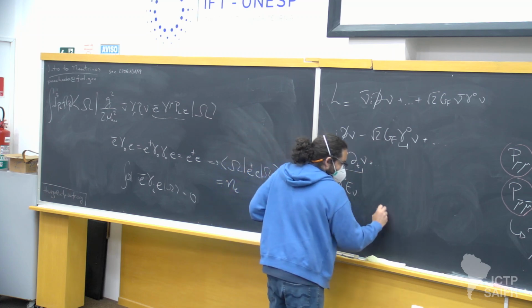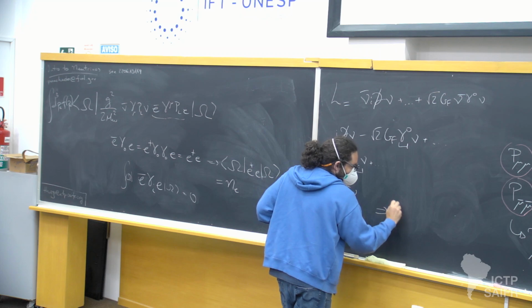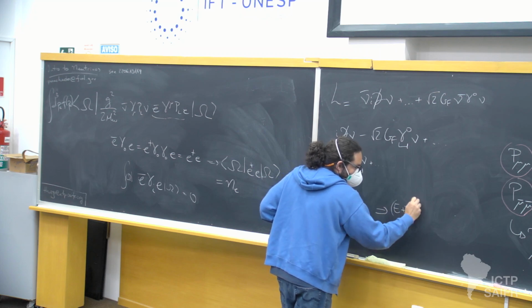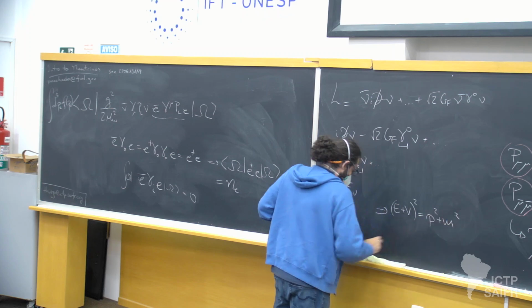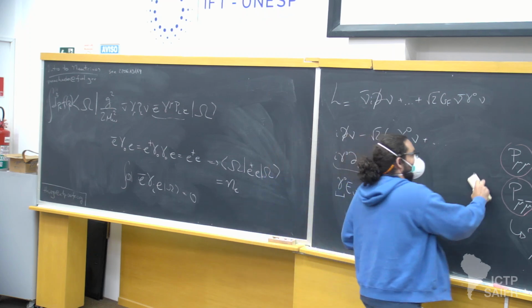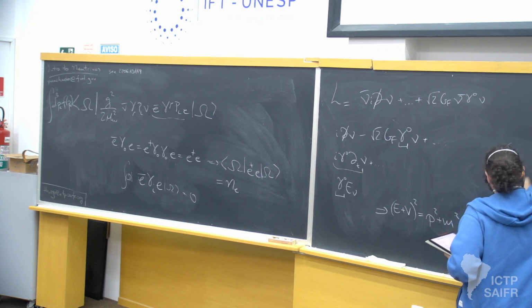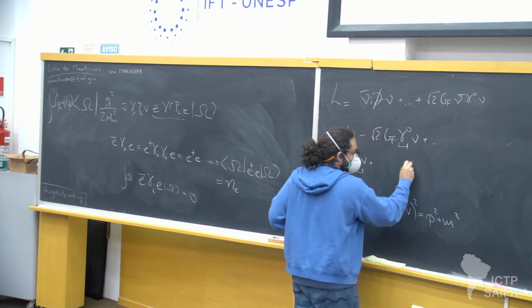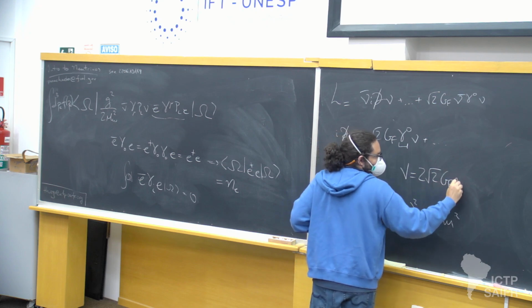This makes your dispersion relation like this: p squared plus m squared. Whew. All right. Where V is 2 root 2 G Fermi times the electron density.